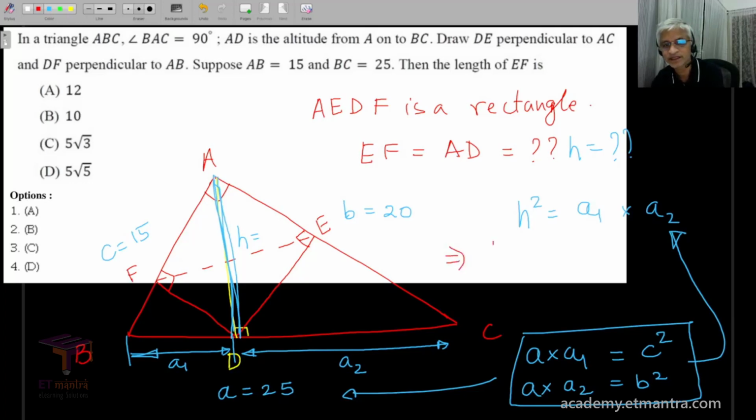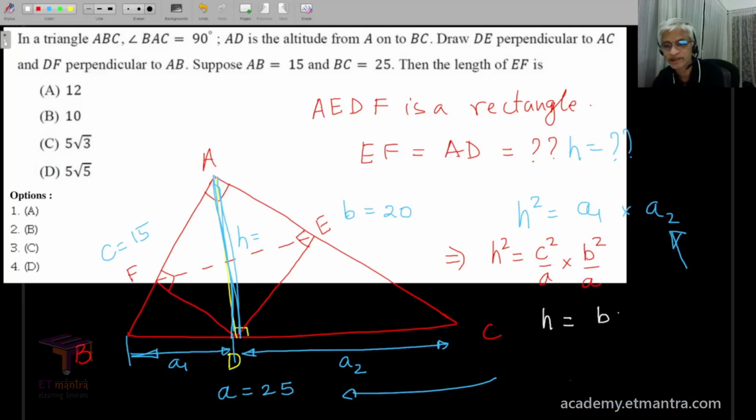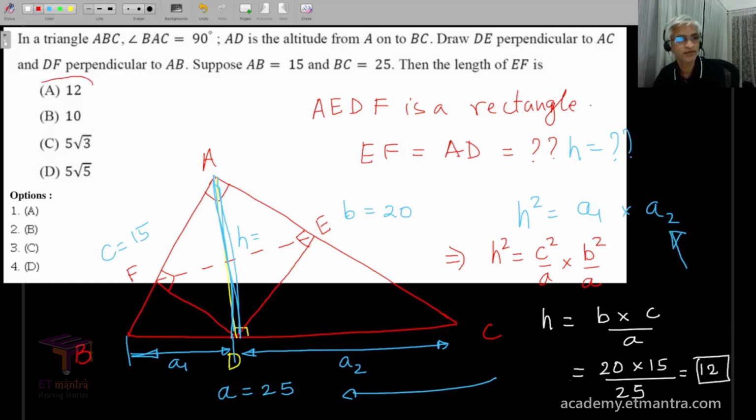This implies that H square is equal to C square over A multiplied by B square over A, and H is equal to B into C by A. And now we just need to substitute the numbers. 20 into 15 by 25, and this is nothing but 12. So straightforward formulae, important formulae, and that's the end of this problem.